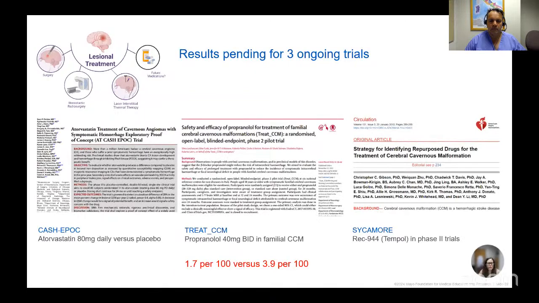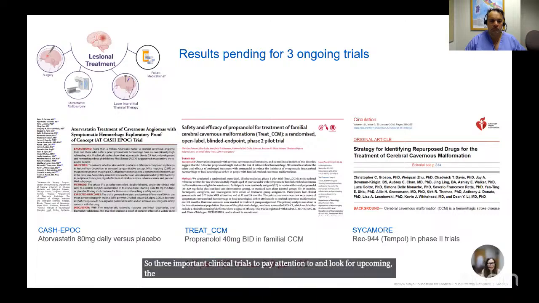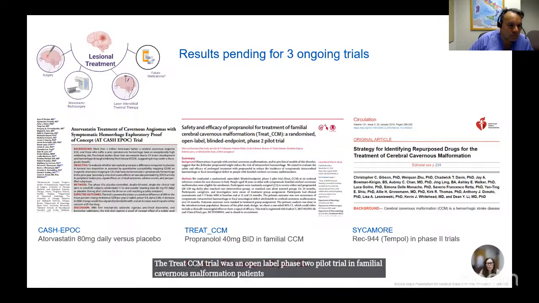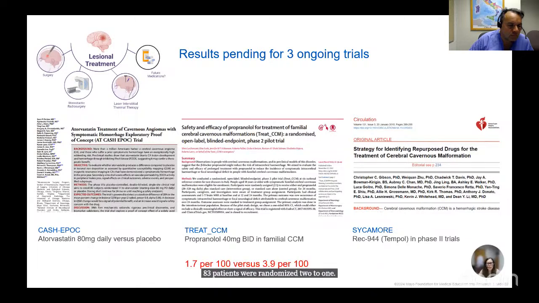So 3 important clinical trials to pay attention to and look for upcoming: the CASH-EPOCH trial, atorvastatin 80 milligrams daily versus placebo in patients with recent clinical symptomatic hemorrhages. Results anticipated late this year or early 2025. The TREAT-CCM trial was an open-label phase 2 pilot trial in familial cavernous malformation patients. 83 patients were randomized 2-to-1 to either propranolol, low dose and escalated, versus placebo.